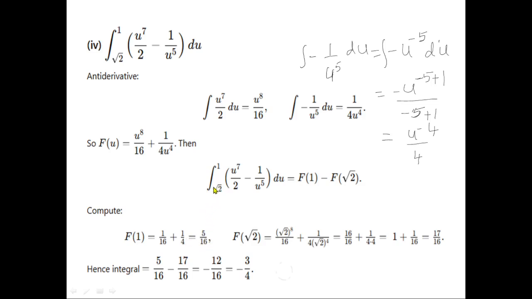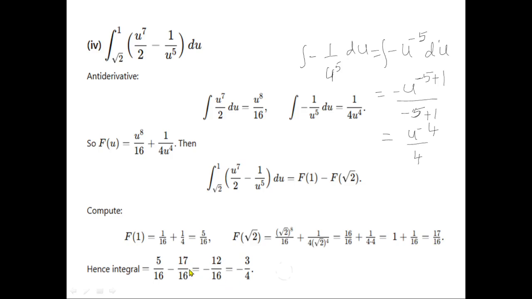When we substitute this lower limit root 2, that is f of root 2, then root 2 power 8 by 16 plus 1 by 4 into root 2 whole power 4, that equals 16 by 16 plus 1 by 4 into 4, that equals 1 plus 1 by 16, that equals 17 by 16.